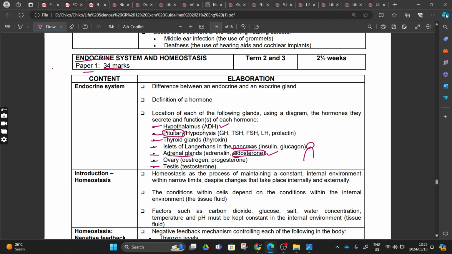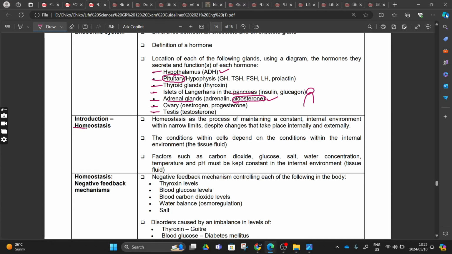These organs work together to maintain homeostasis. Whatever these glands are doing, they are maintaining that constant internal environment, regardless of the changes that take place internally or externally. Our body has to maintain this automatically.